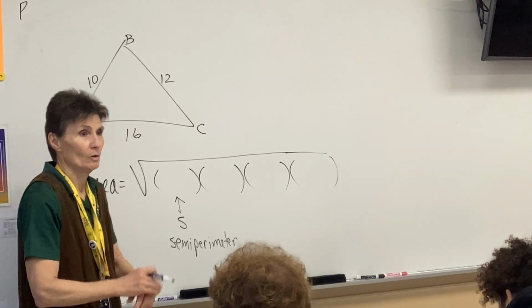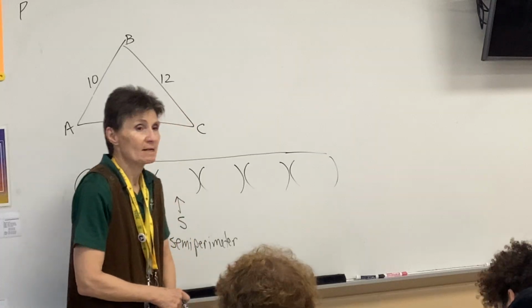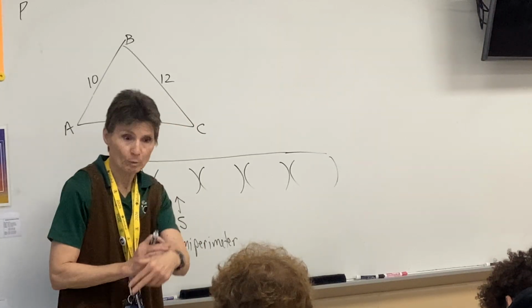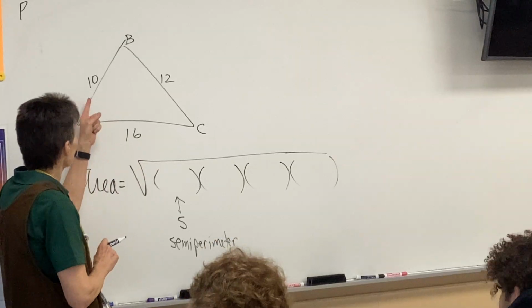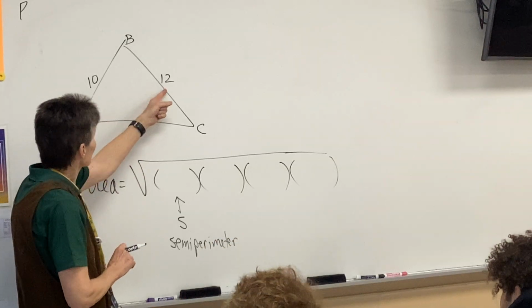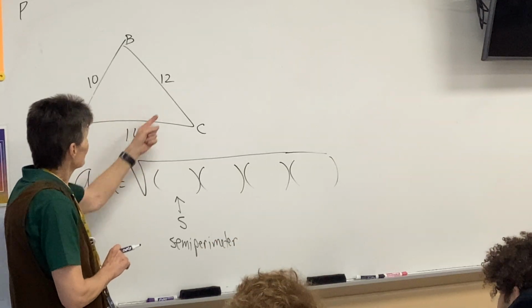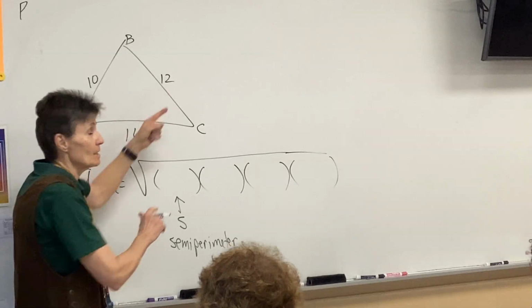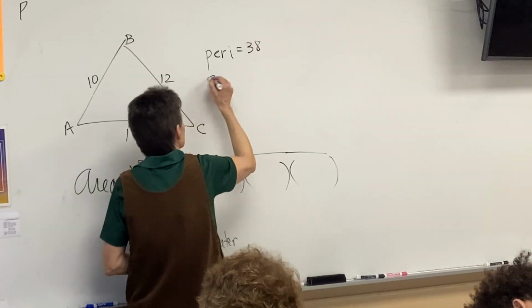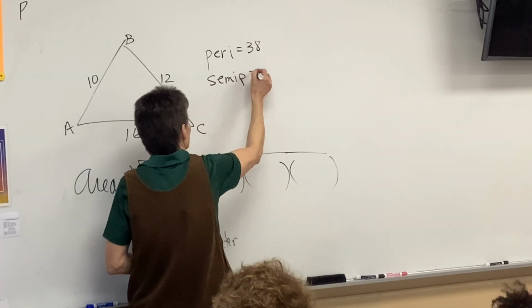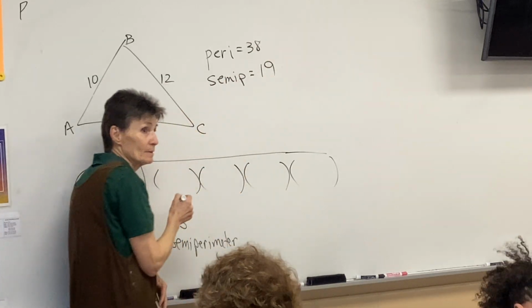What's a semicircle? Half a circle. Semi-perimeter is half the perimeter. So what's the perimeter here? Let's add it up. 38. So if the perimeter is 38, the semi-perimeter is 19.